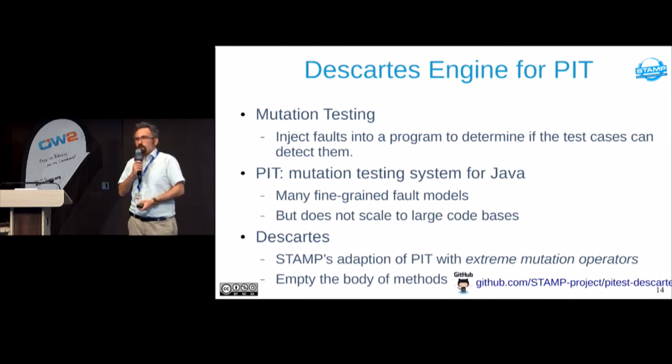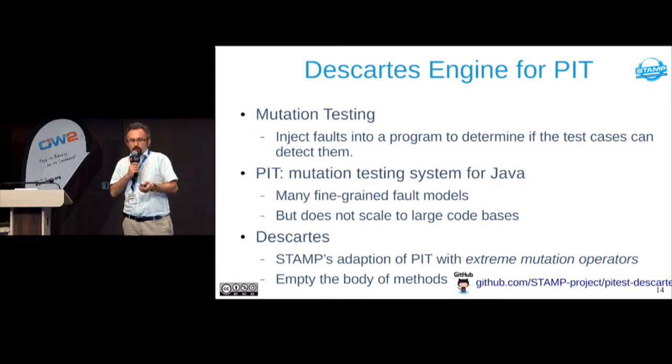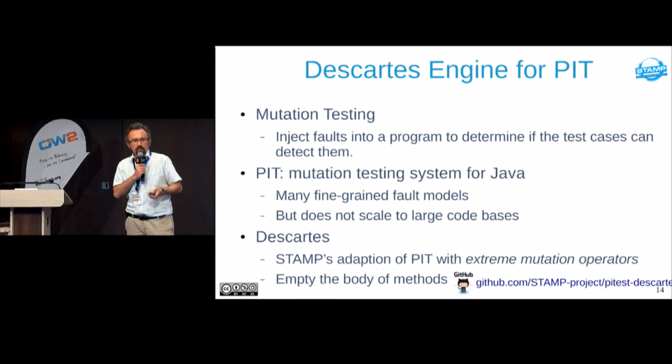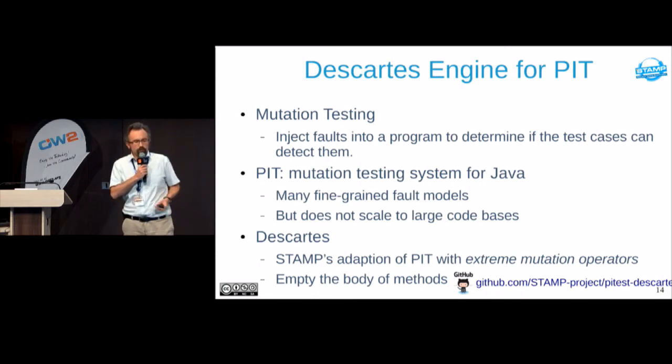To make a tool to find bugs, you need bugs. So we'll make them. We use Pit. Pit is a mutation testing system. Mutation testing is, well, you've got a software, we will modify it to see what happens.